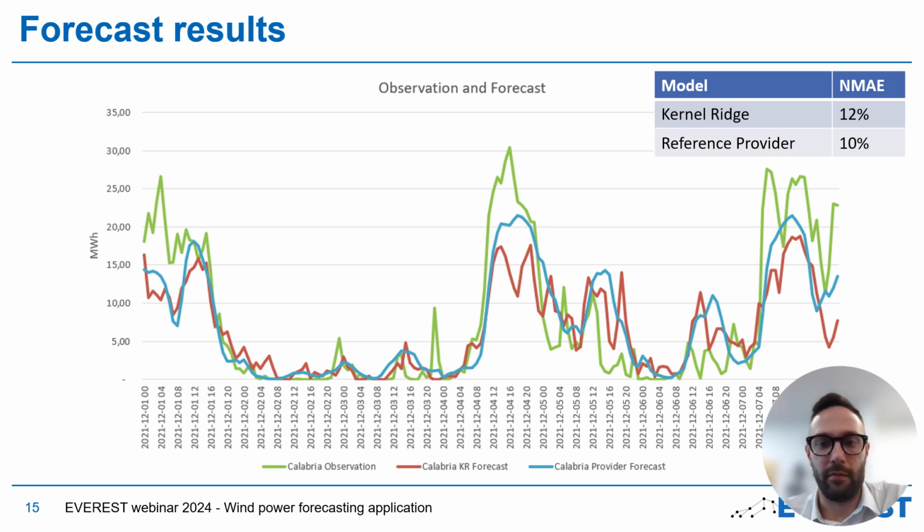We can see that the two predictions have similar shapes, and also similar errors, we can say. The metric used to evaluate the forecast accuracy is the mean absolute error normalized by the wind turbine installed capacity.